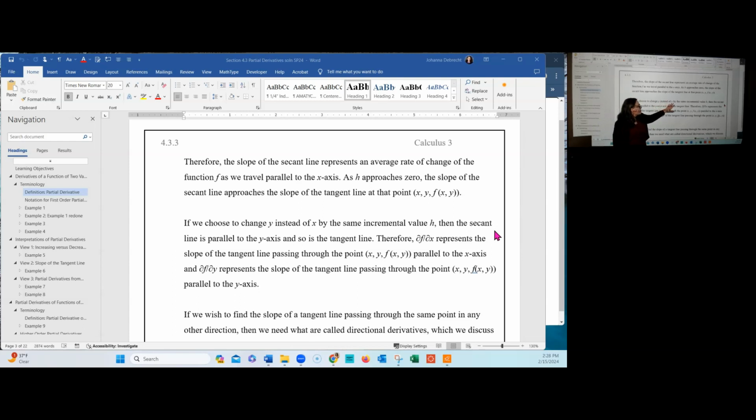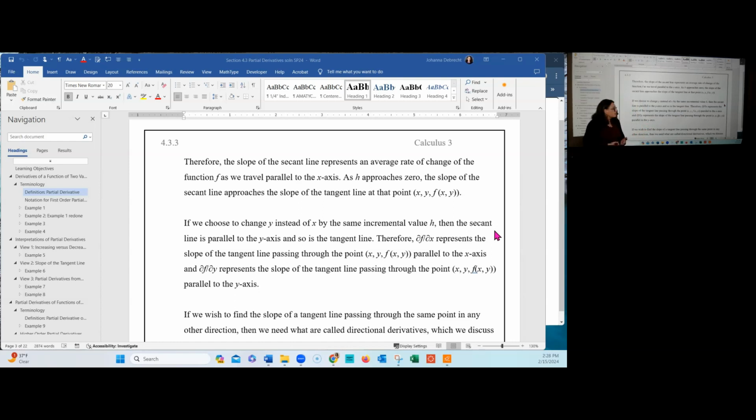If I vary the y instead of the x, we typically say we're varying by k, and this will become the partial with respect to y instead of the partial with respect to x. Then that secant line and tangent line will be parallel to the y-axis. And as the value of k gets smaller and smaller, the secant line approaches the tangent line.